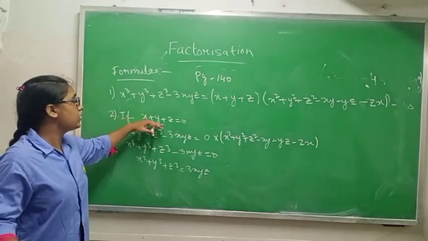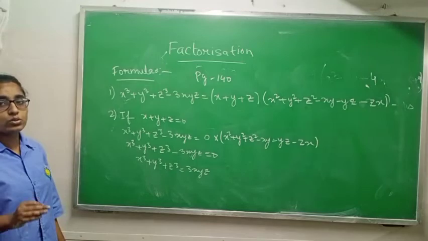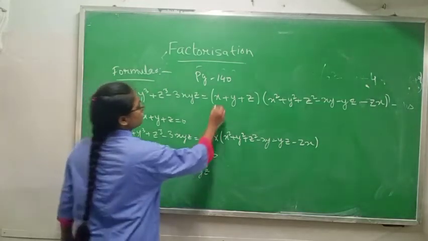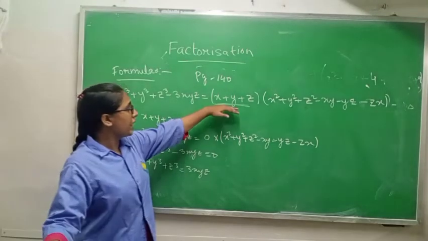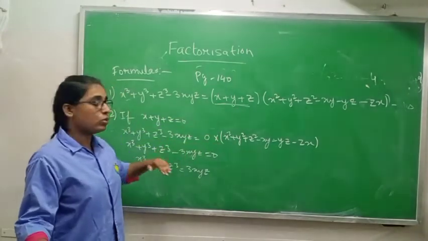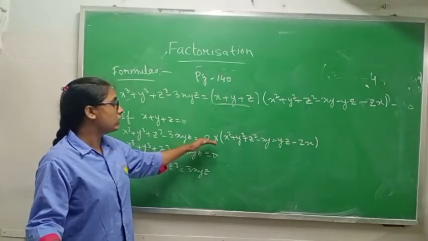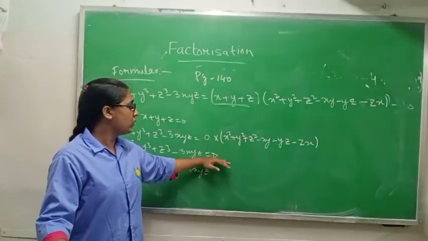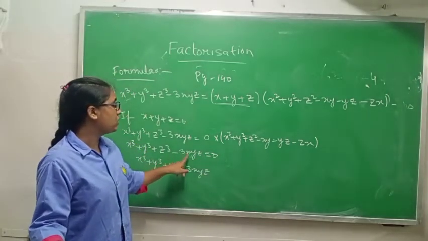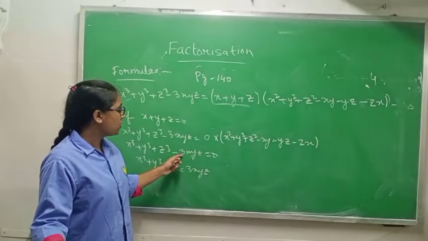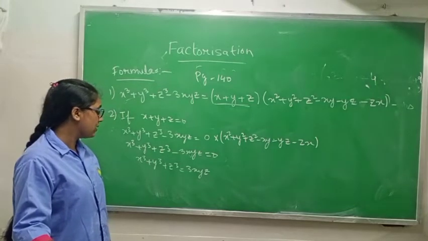See formula 2. If x plus y plus z equals 0, then this portion will become 0. So in place of x plus y plus z we can write 0, so it will become x cube plus y cube plus z cube minus 3xyz equals 0 into this, and 0 into this will give you 0. Now this minus 3xyz I am taking to the other side, and it will become plus 3xyz.